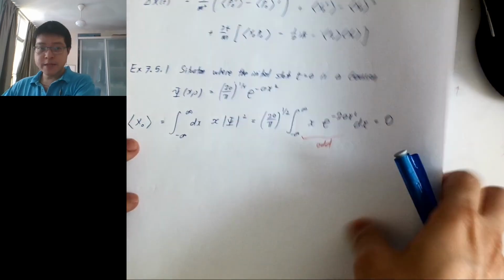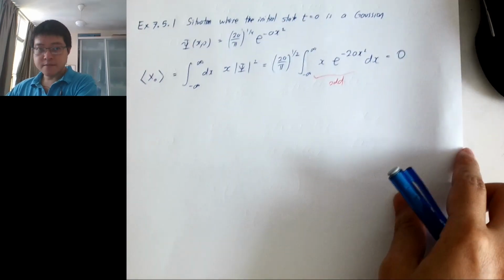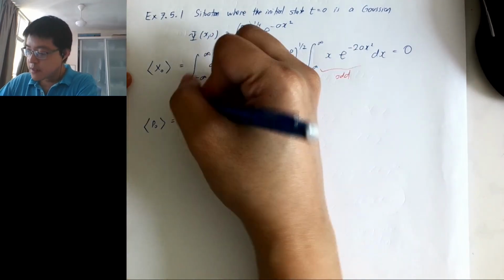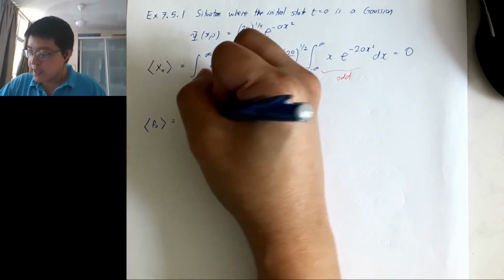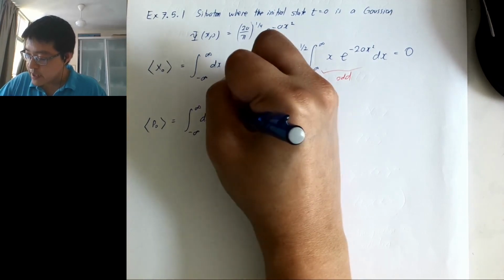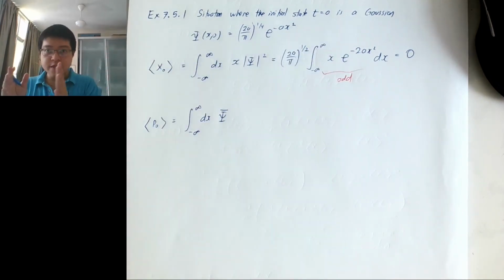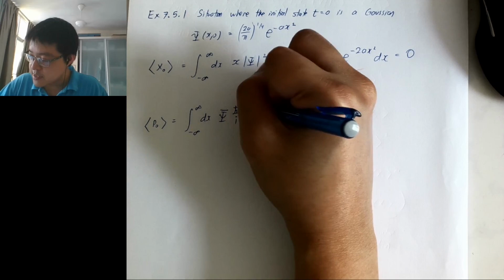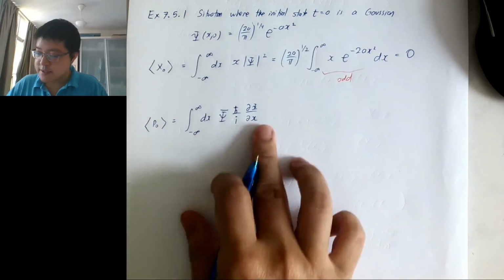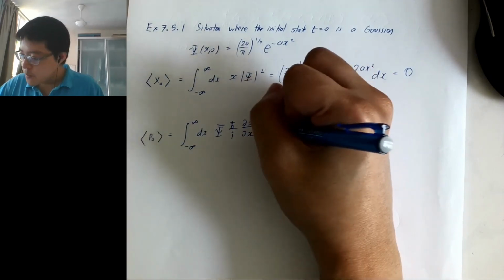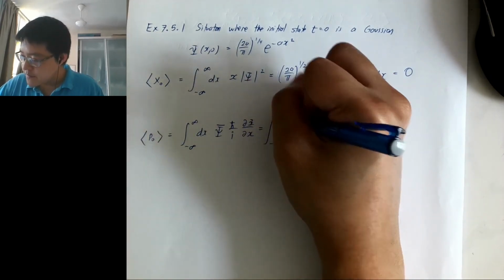How about the momentum? For the momentum, the expectation of momentum is this one. The formula is: you take the complex conjugate and sandwich it with the momentum acting on the state. Now, the momentum acting on the state in the language of the position wave function is the derivative. So you get the integral from minus infinity to infinity dx.